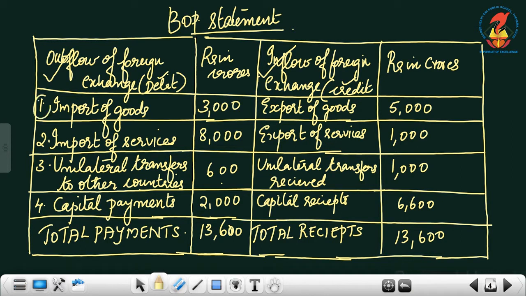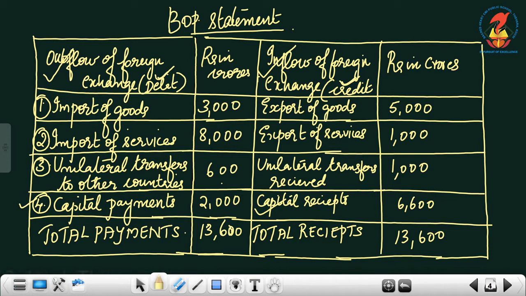So, the first 3 components 1, 2 and 3 of both the sides, that is debit side as well as the credit side, represent the current account. And the 4th item, that is the capital payments and the capital receipts, belong to capital account.